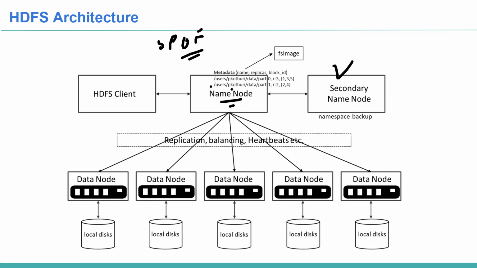So if a name node goes down, we have all the data stored in the secondary name node, and there would be, of course, some downtime, but it won't be a very large downtime. But yeah, if the first name node goes down, secondary name node will pick up, and it will take care of all this cluster.